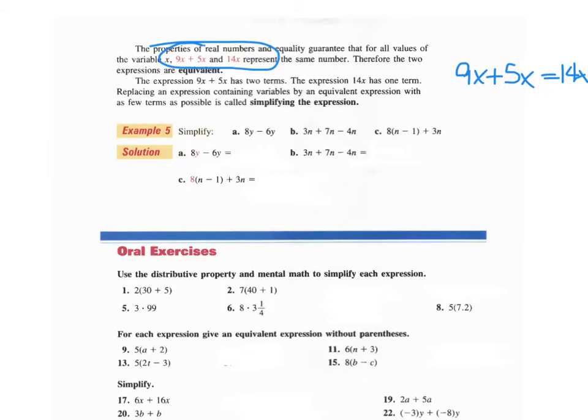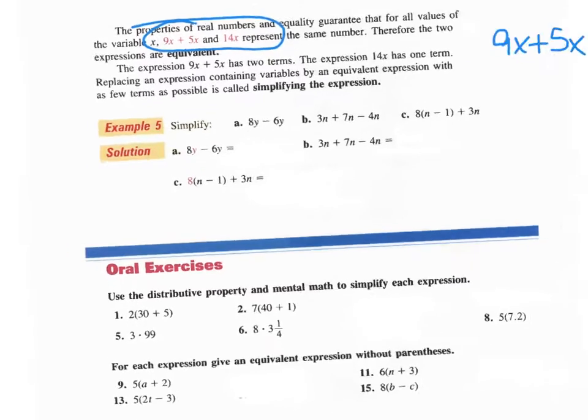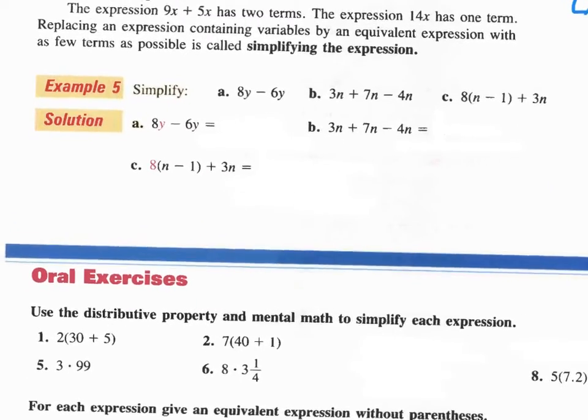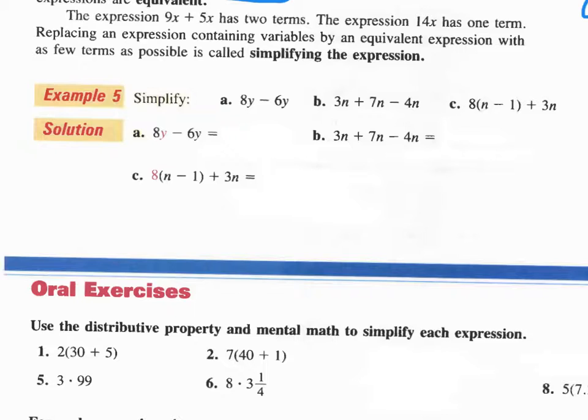So on example 5, they want us to simplify that and give an equivalent expression. So for part A here, I have 8y minus 6y. So when they ask you to simplify the expression, the answer we get is going to be an equivalent expression.